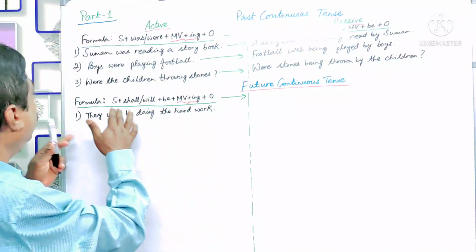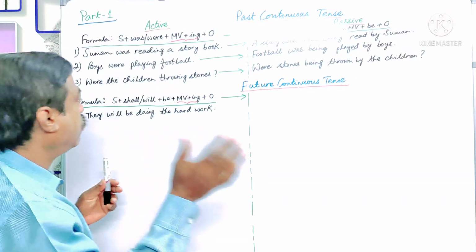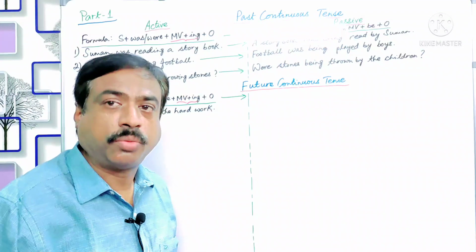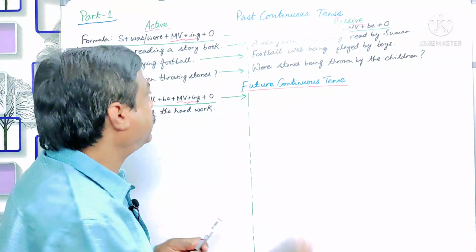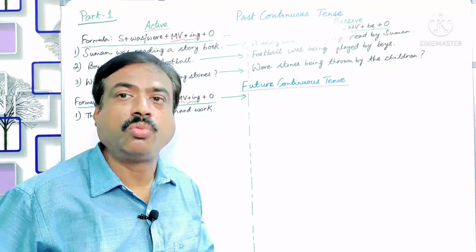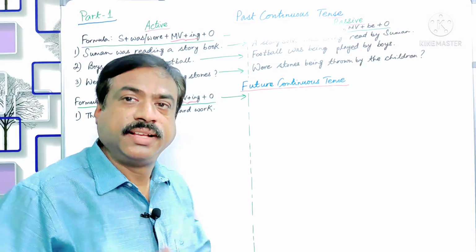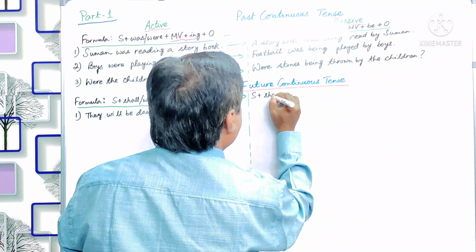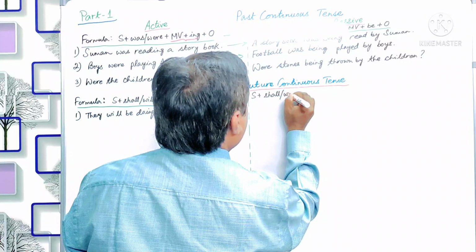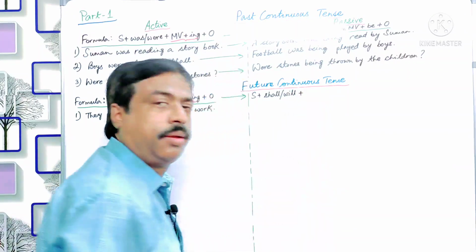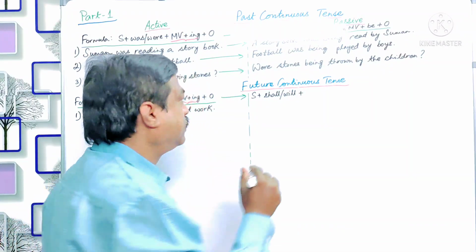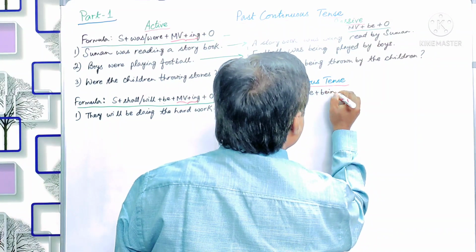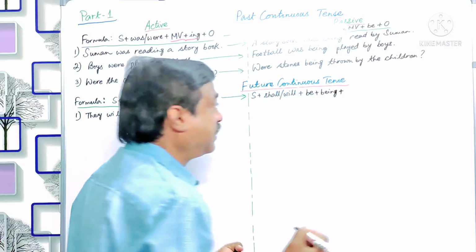So the formula in the active voice is subject plus shall or will plus be plus main verb plus ing plus object, and in the future continuous tense in the passive voice the formula will be subject plus shall or will, as it is, plus be plus being, according to the way it stands actually.